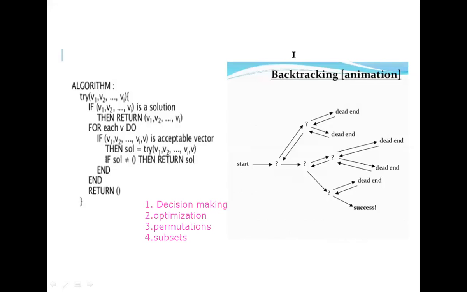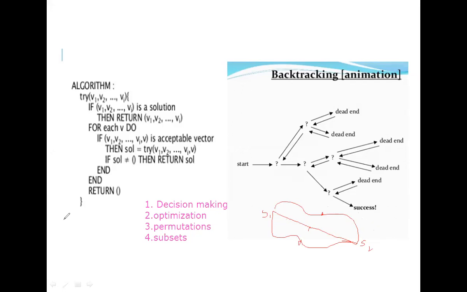For optimization, we have two vertices, source and destination. There are different paths, and we have to find the shortest path. That is the example for optimization.